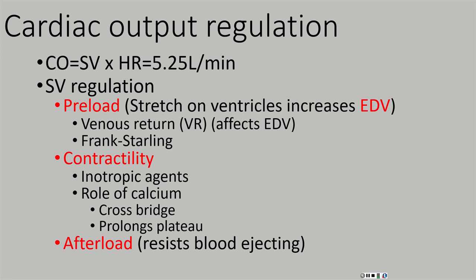And just like we saw with heart rate, practically everything that regulates contractility is doing so by regulating calcium. Calcium is a positive inotropic agent. We saw that it was also a positive chronotropic agent, but now we're going to talk about it as a positive inotropic agent.